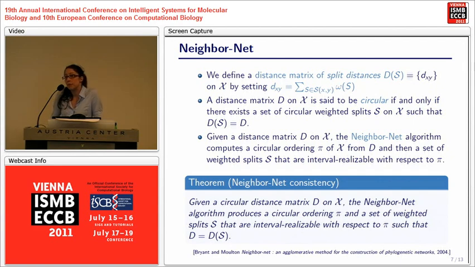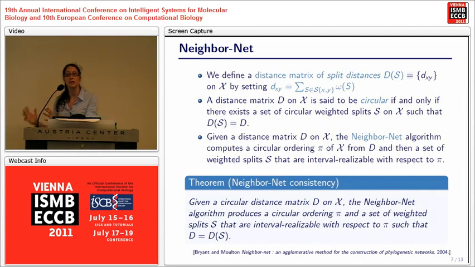I probably you know NeighborNet is one of the most used algorithms for computing phylogenetic networks. From a distance matrix, this algorithm gives you a total ordering of the taxa that is circular with respect to the splits.